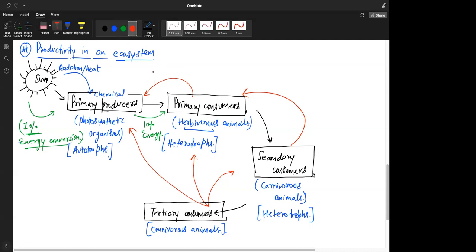So you can write on this red line, feeds on, okay? Okay, so everyone is done?